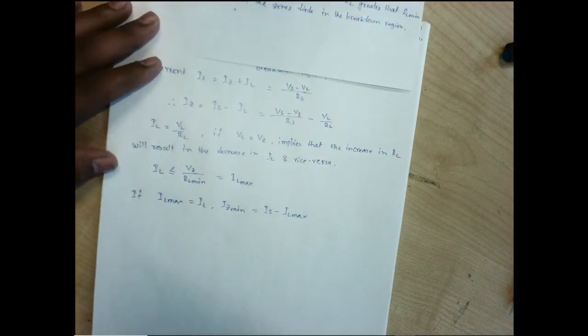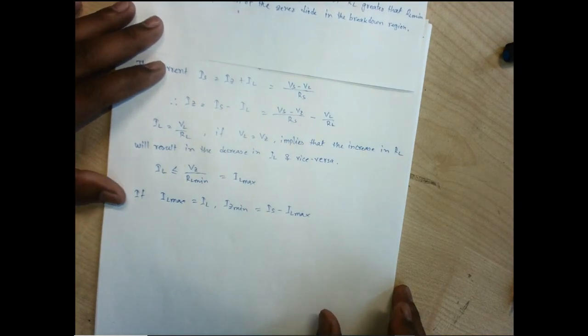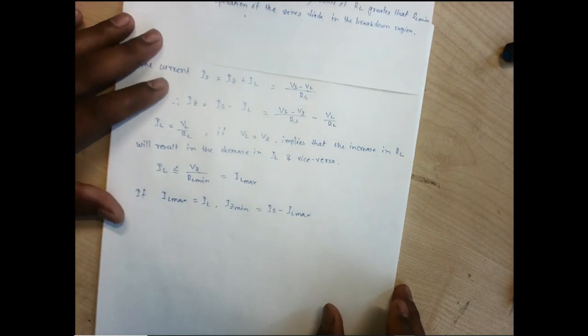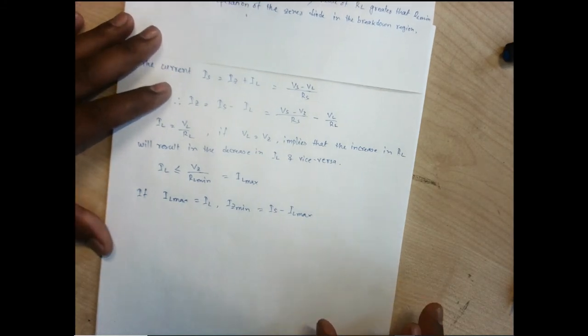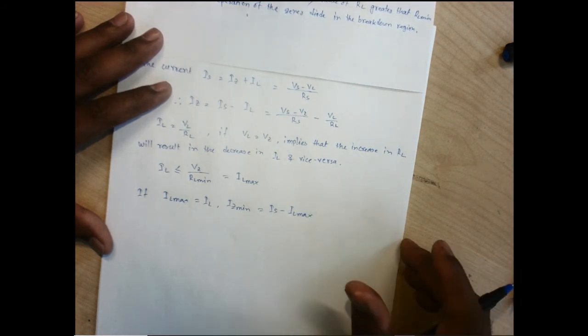Now this IZ max or IZ min is specified by the manufacturer, and it will be available in the data sheet. It is already specified for a certain Zener diode, this IZ max and IZ min.